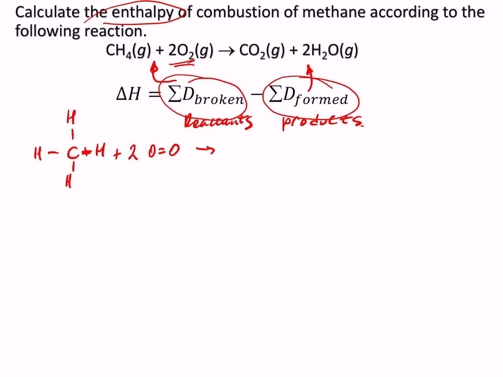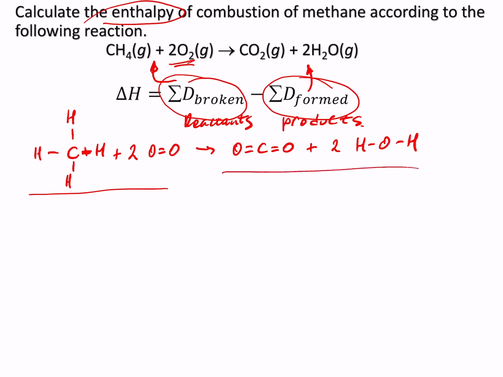Here you obtain 1 CO2 molecule, which has 2 carbon-oxygen double bonds, and 2 molecules of water that have oxygen-hydrogen bonds. Structurally, this is what's happening. On the left you have the bonds that are being broken, and on the right are the bonds that are being formed.